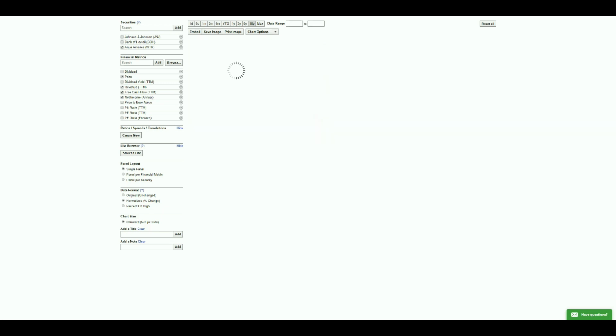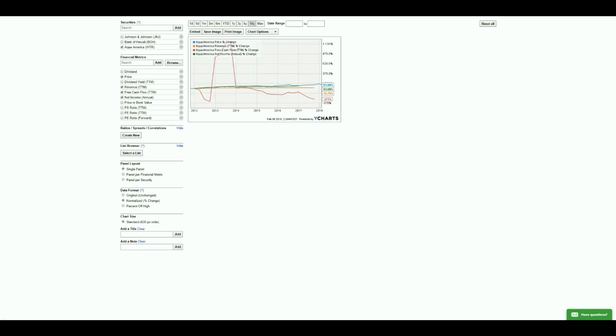And then we have Aqua of America here, taking a minute to load. Let's uncheck it, recheck it, there it goes. And they have remained pretty steady for their price.